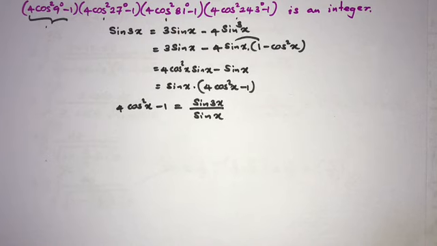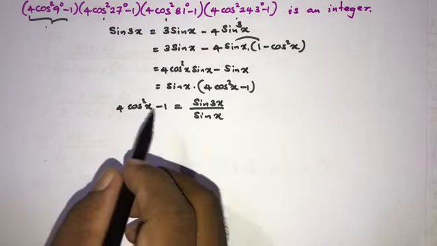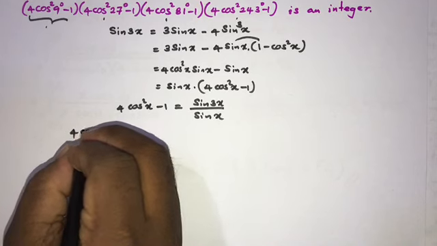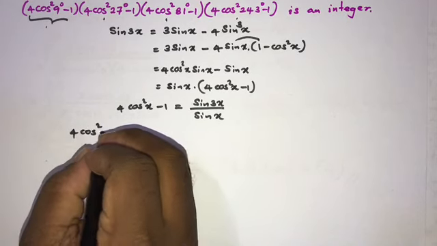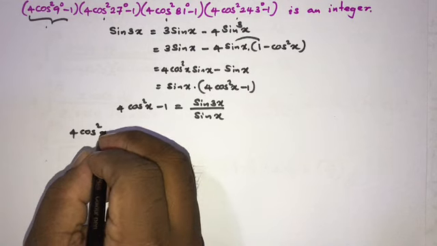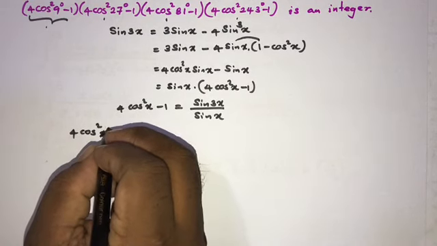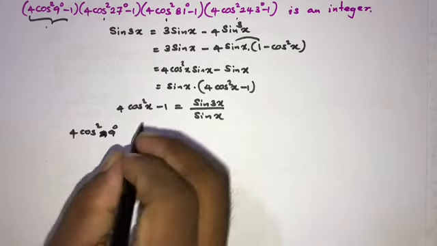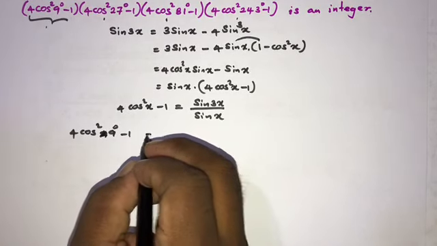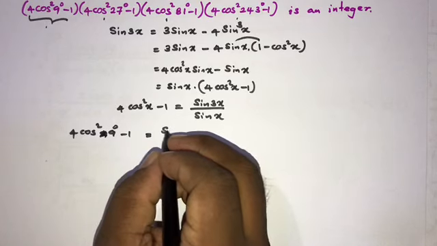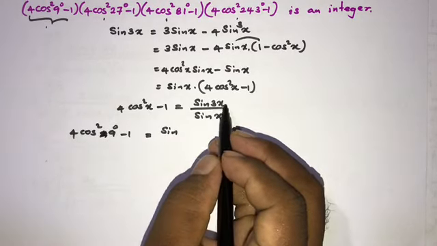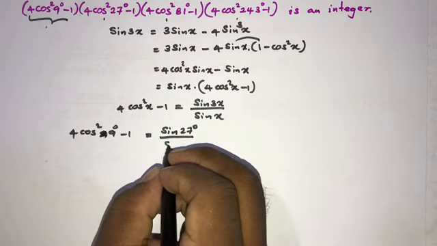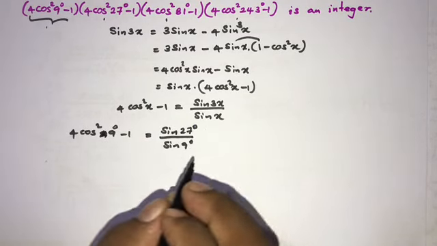So 4 times cosine square of 9 degrees minus 1 is equal to sine of 3 times 9, so 27, over sine of 9.